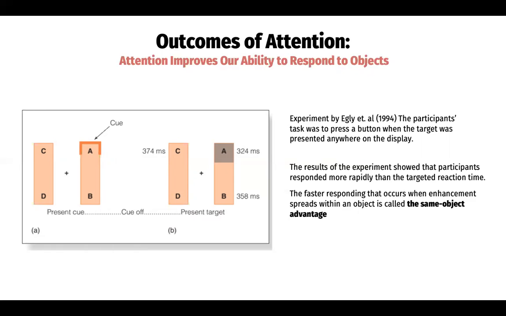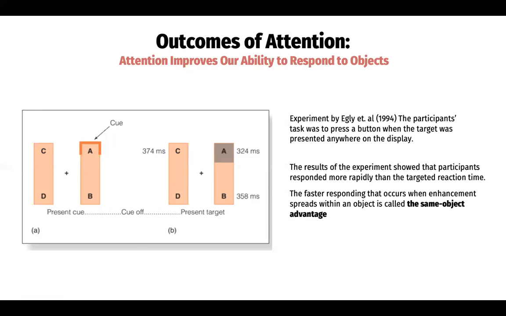We can see this from an example, an experiment conducted by Egly et al. in 1994. Here, participants kept their eyes on the plus symbol. One end of the rectangle was briefly highlighted, as you can see in figure A. This was the cue signal that indicated where the target, the dark square in figure B, would probably appear.